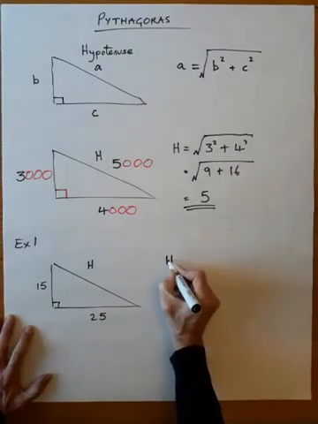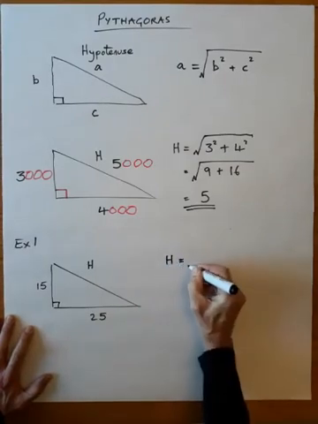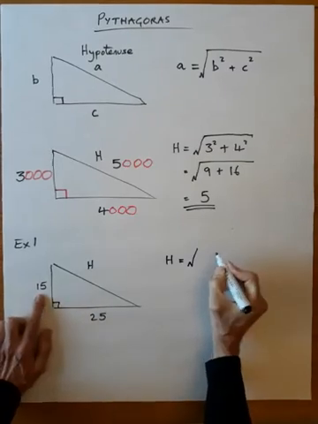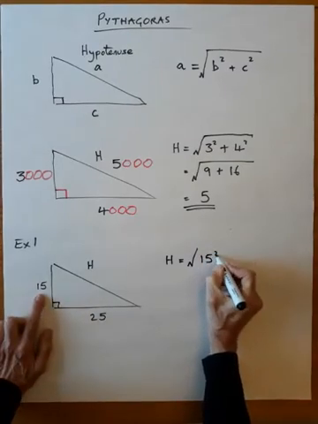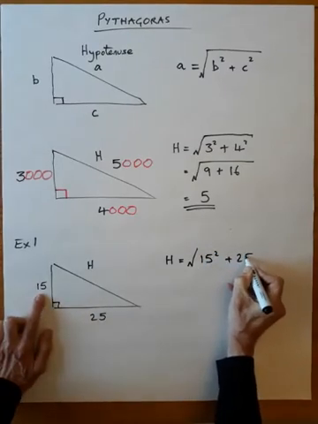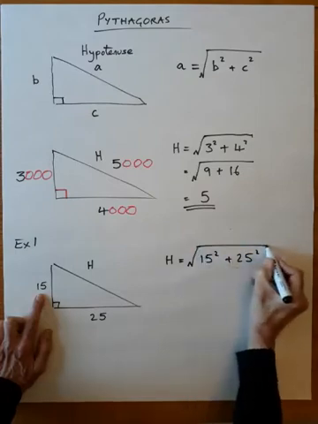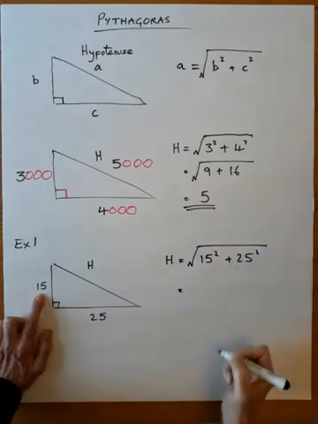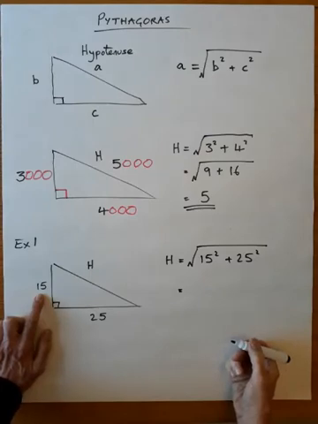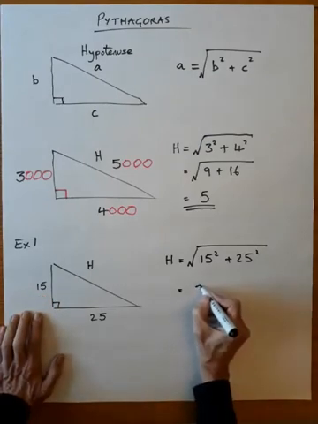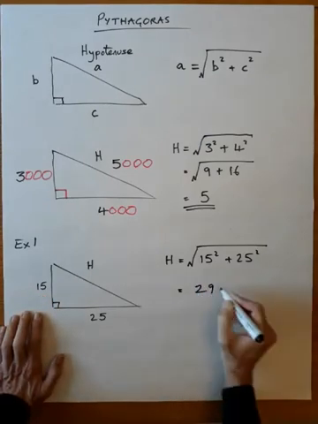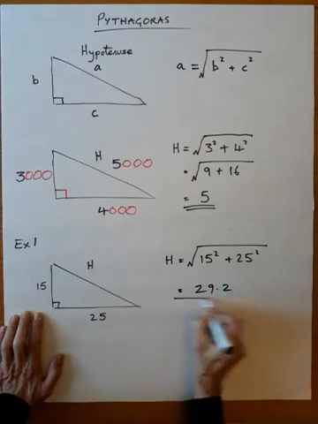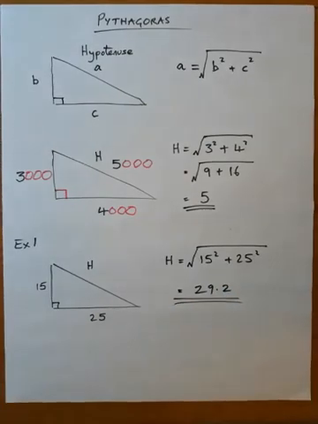The hypotenuse equals the square root of 15 squared plus 25 squared. And if you put that into your calculator, that'll come out to 29.2. Okay, so that was example 1.